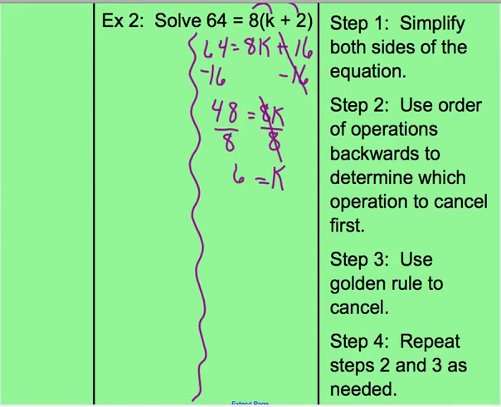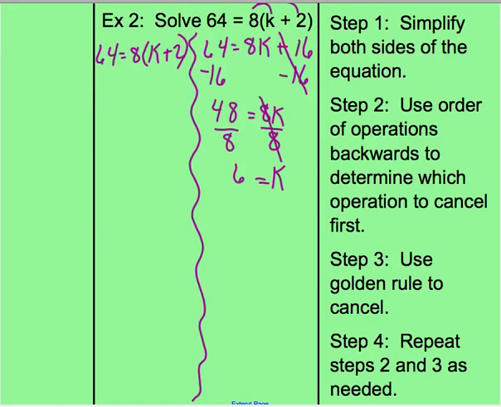And then we would check our answer, but what I want to do, since I'm kind of over time on this video, is show you the second method. And this method involves skipping step 1 and jumping right into step 2. If I knew what k was, I would first add 2 because of the parentheses, and then multiply by 8.